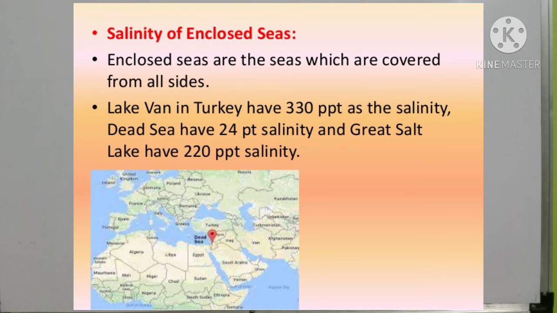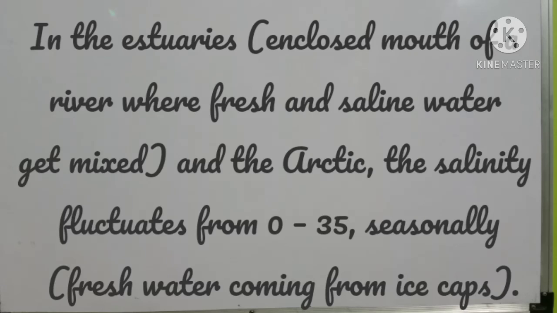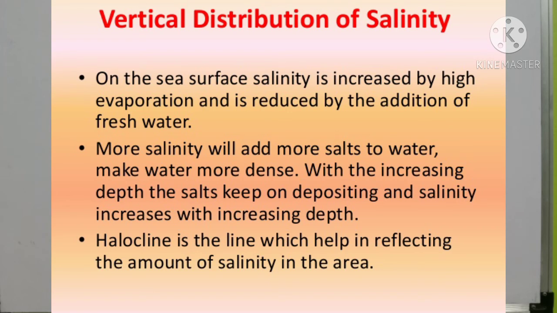That means the areas which are enclosed by land boundaries, or near the equator, or with a dry and hot climate, have high salinity as compared to the polar regions, where the salinity is a little less, up to 35. Now let's see the vertical distribution of salinity.